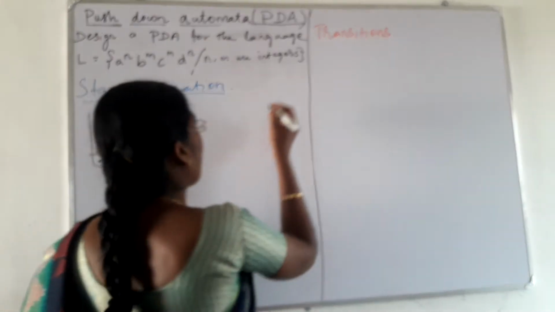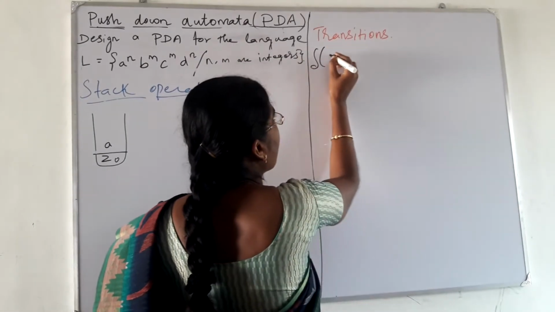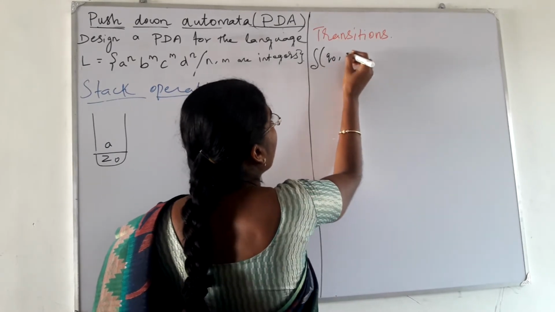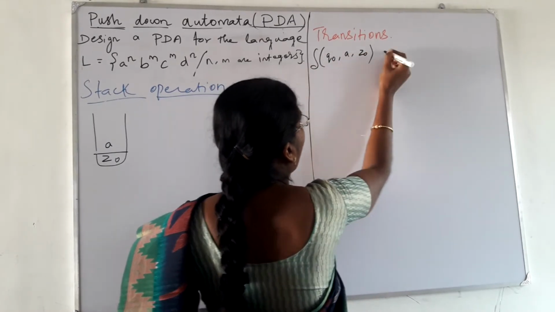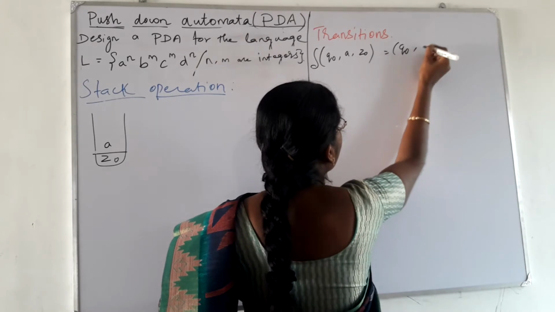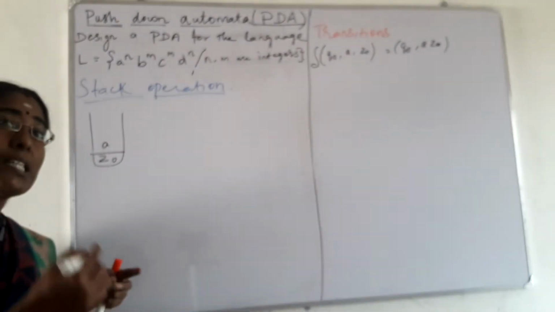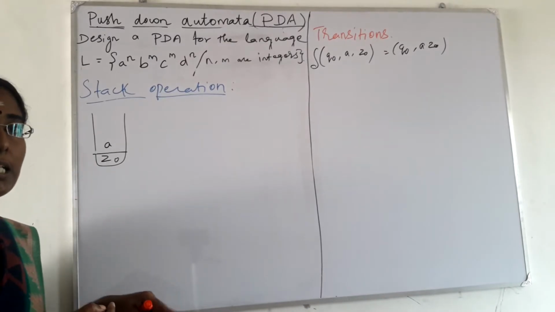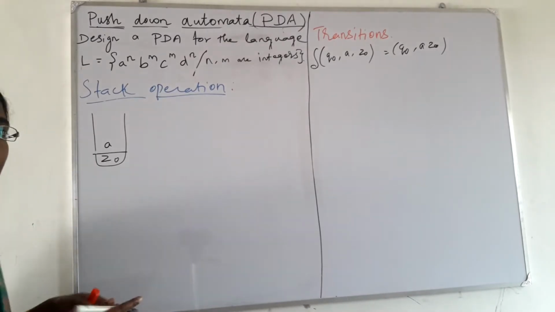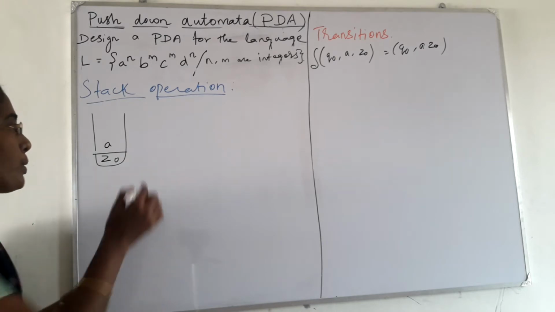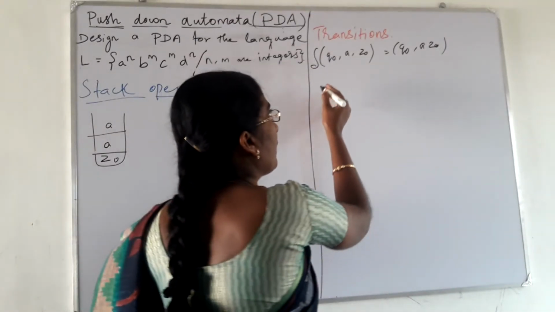What is the respective transition for that? Delta of, considering the start state as Q0, A, comma, Z0, gives A, Z0, that is, A is pushed onto the stack. If it reads the second A, with the top of the stack as A, what is the transition?